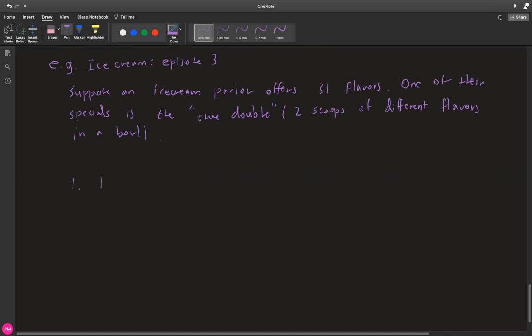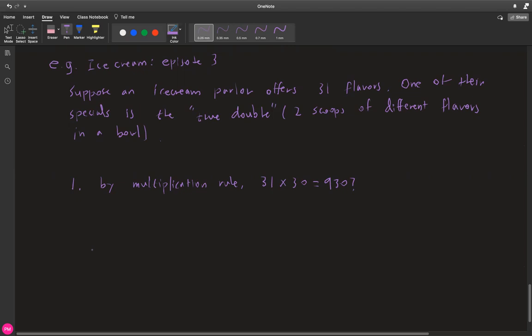By the multiplication rule, you can choose 31 for the first flavor and you can choose 30 for the second flavor. And naturally, you may think that 930 is correct, but is it really correct? Here is a big flaw.